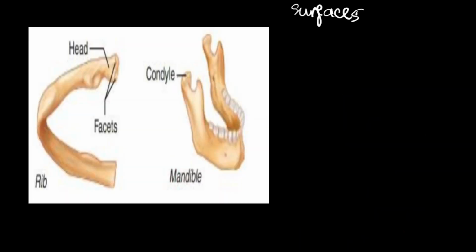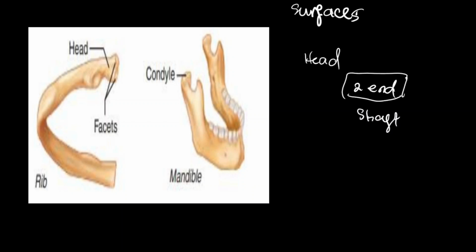The surfaces, as we can see here, we'd be considering first of all the head. Now, the head is a bony expansion that carries a narrow neck. Generally, for long bones, as stated earlier, we have two ends and a shaft. Usually, the proximal end of the long bone is considered to be the head. For example, we have the head of the humerus, we have the head of the femur.